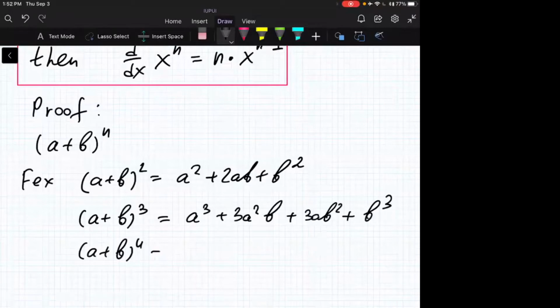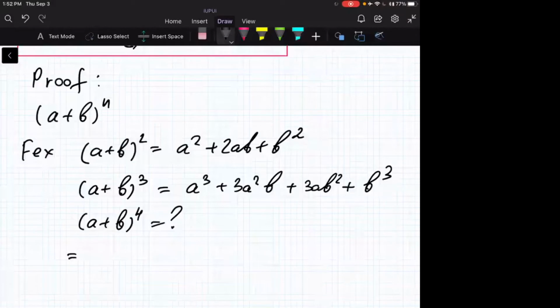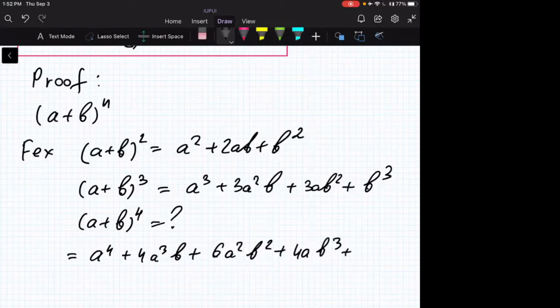But what about a plus b to the power 4, say? And it turns out that there is such formula, and in fact, it is equal to a to the power 4 plus 4a cubed b plus 6a square b square plus 4a b cubed plus b to the power 4.